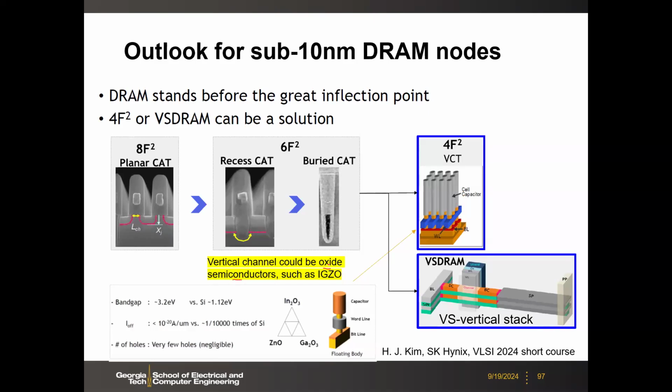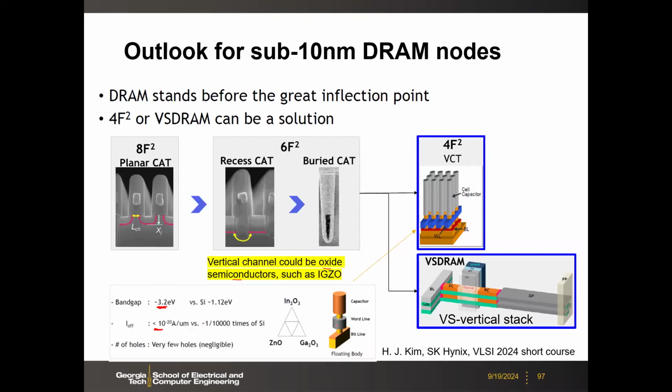If you increase the band gap, silicon is like 1.1 electron volts, to an oxide semiconductor, for example indium gallium zinc oxide, which is already used commercially in your display driver circuits, then this one has ultra low leakage because the band gap is much larger.